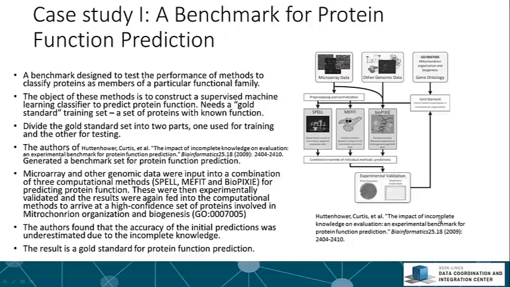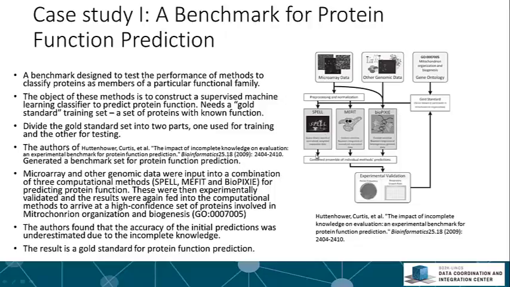In order to benchmark such methods, the authors of Huttenhower et al. devised a benchmark dataset for protein function prediction. The authors took microarray data and other genomic data and provided those as input to a suite of protein function prediction algorithms.